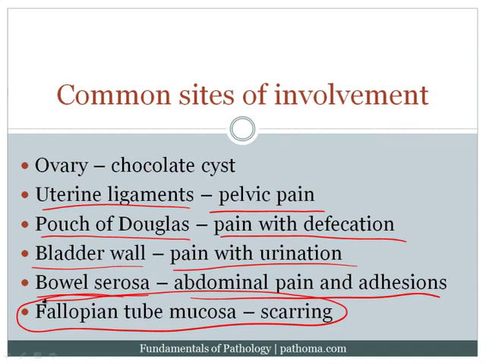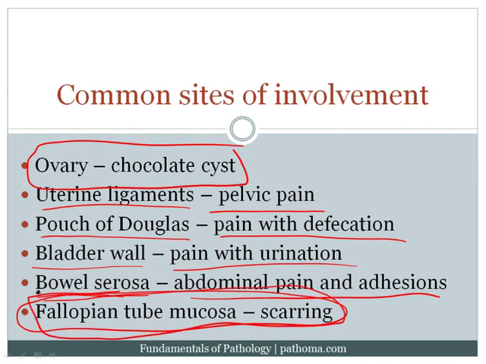So these are common sites of involvement, and these are some of the complications. If you understand a little bit of basic anatomy, it's not hard to understand these classic signs and symptoms. Again, chocolate cyst is the most important of these, and fallopian tube scarring with the subsequent risk for both infertility and ectopic tubal pregnancy is the second most important on this list.